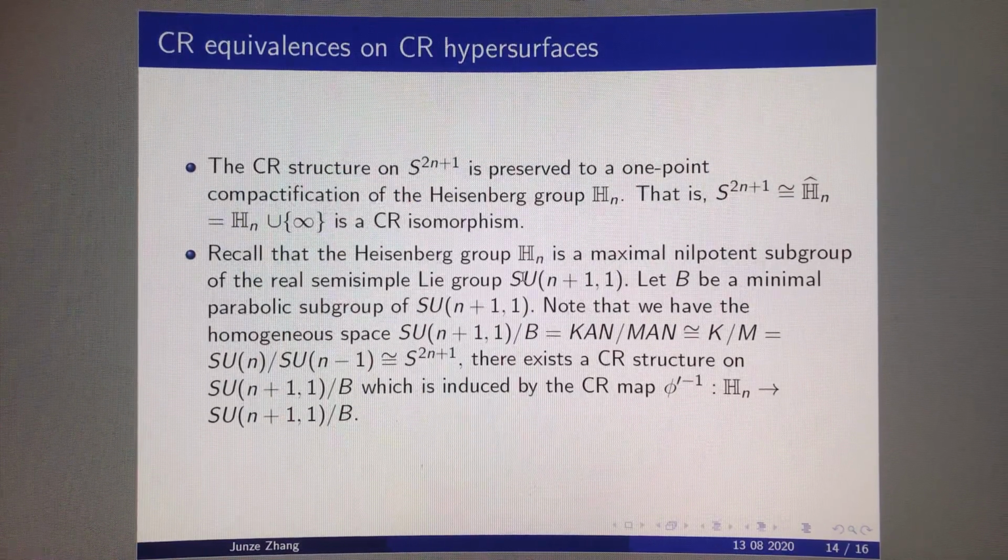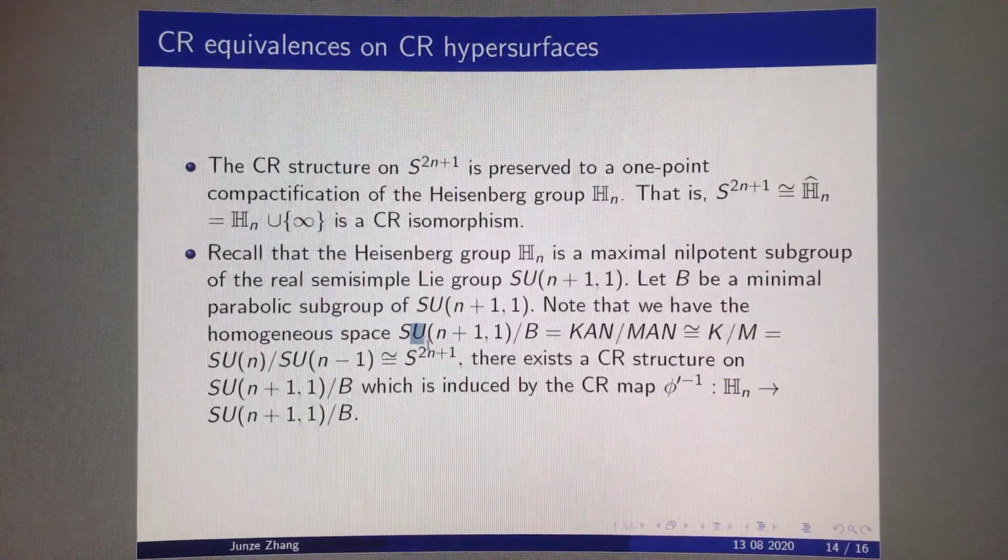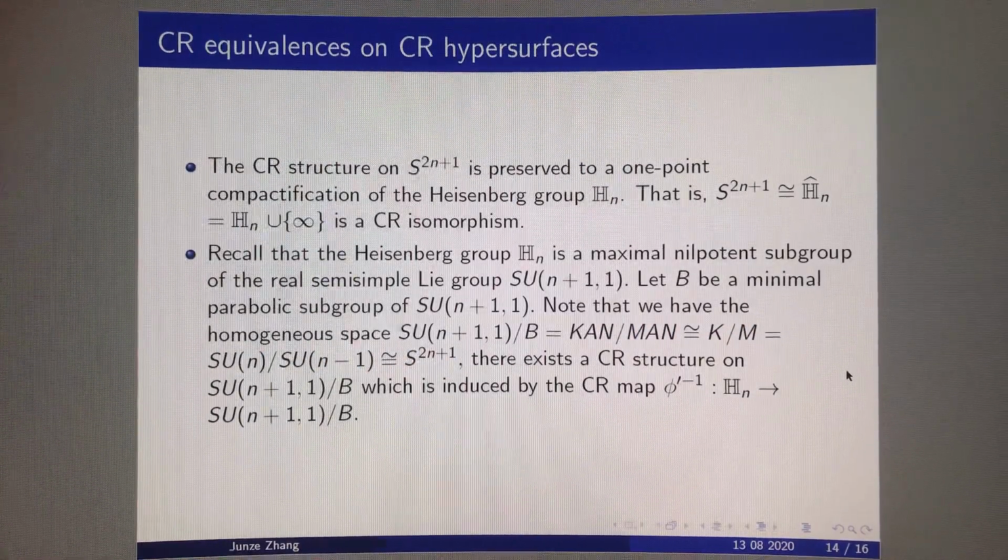The second one is because an odd-dimensional sphere can be viewed as a homogeneous space, and in this case we choose the homogeneous space as the special unitary group quotient by its Borel subgroup, J mod B. Via this identification, we also know that the Heisenberg group is a maximal nilpotent subgroup of SU(n+1,1).